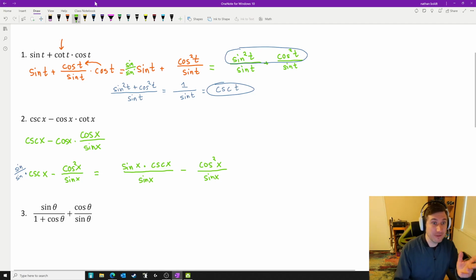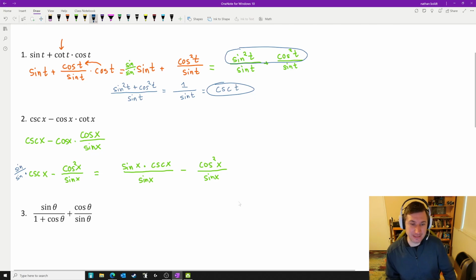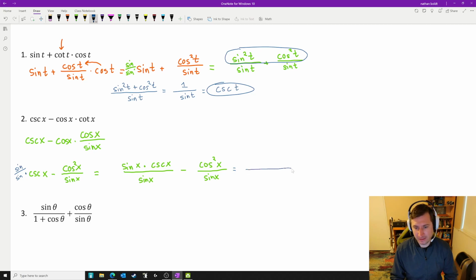All right, now a couple of things start to happen here. We are going to subtract the numerators, so the numerators are going to combine. But also right here, I can do a middle step. Sine times cosecant.